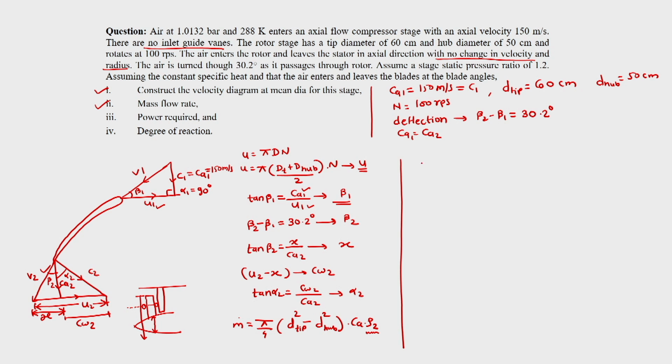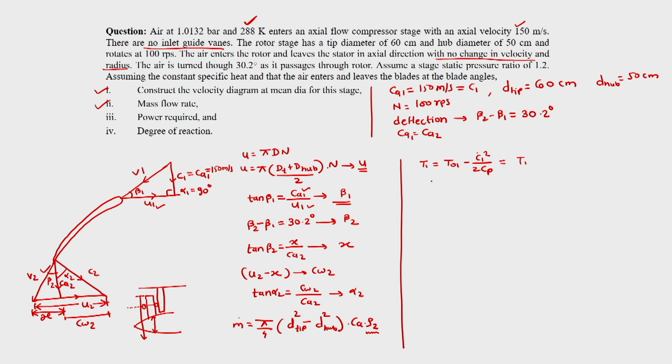So we know that T1 is equal to T01 minus C1 square upon twice Cp. We were using this formula, so this is known to us. Here we are taking this as total temperature, and we are taking the velocity as 150 meter per second. So knowing these two things, we can find out T1.